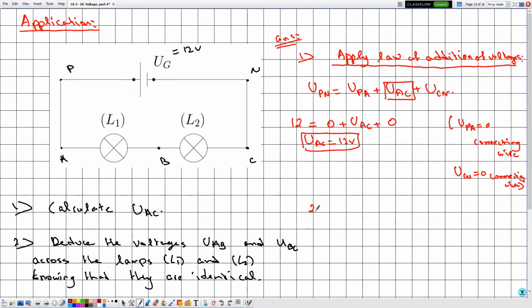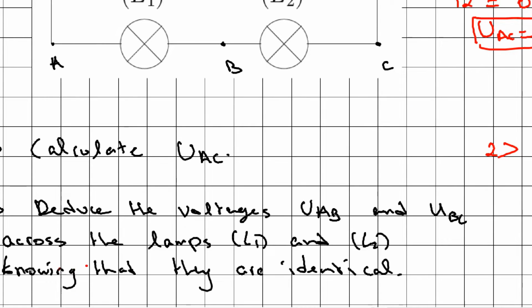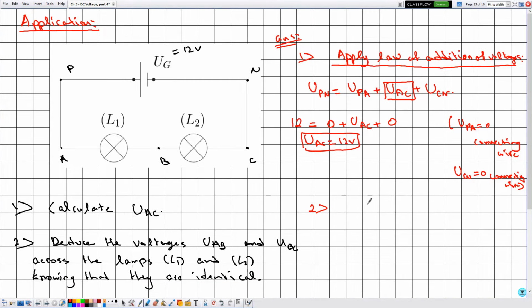So now in number 2, they are telling me deduce the voltages UAB and UBC across the lamps L1 and L2, knowing that they are identical. And by deduce, it means we need to use the previous part. First, let's start with the following statement that they are identical, and this can be translated by they have the same voltage.